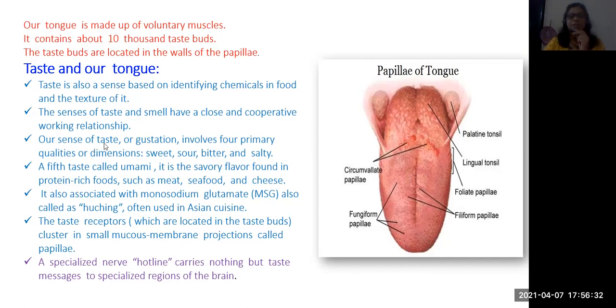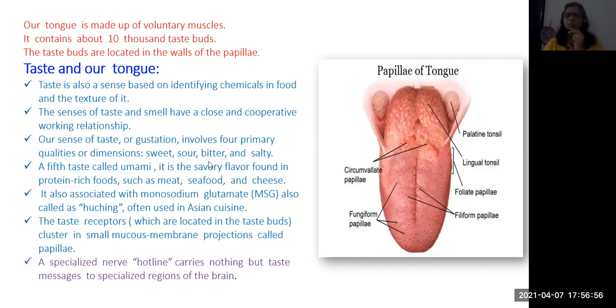And our sense of taste, even gustation, involves four primary qualities or dimensions: sweet, sour, bitter, and salty, isn't it? And these are the common tastes.